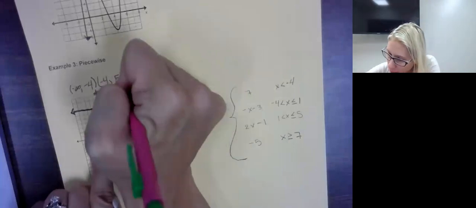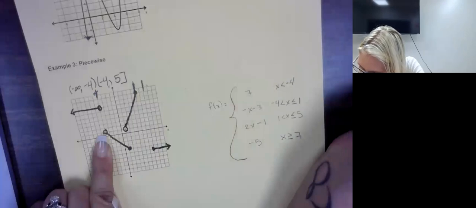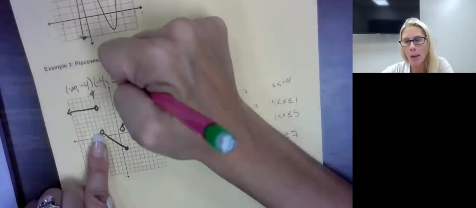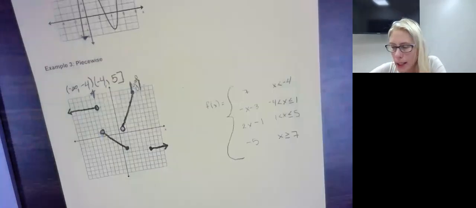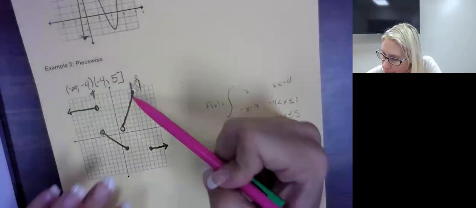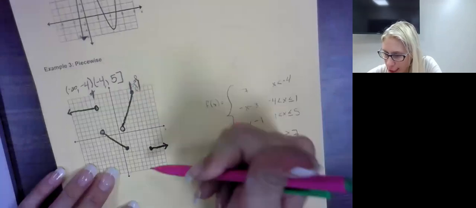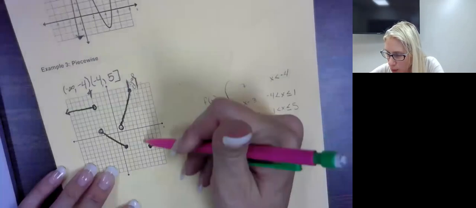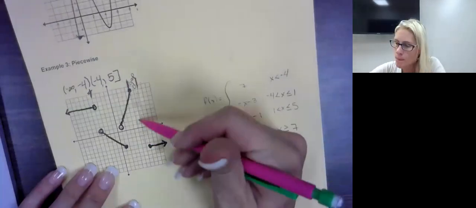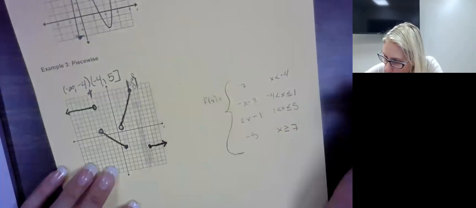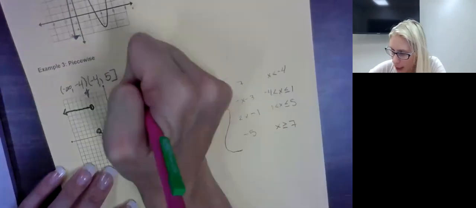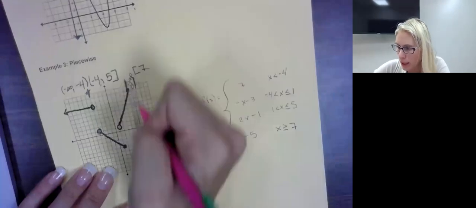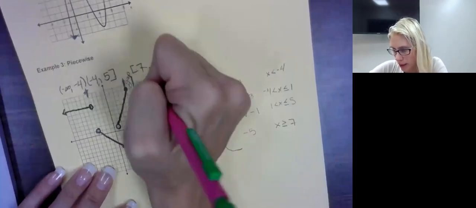Now, as you can see right here, there's a gap. So I'm going to write this in gap. So because there's a gap, I'm not starting back up at 5 because nothing is happening from 5 to 7. Do you guys see how there are no lines between 5 and 7 here? So that means we start back up at 7 and it's a bracket because it's filled in, and we go all the way to that arrow, which tells me infinity.